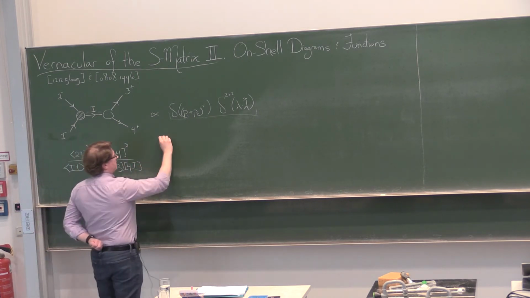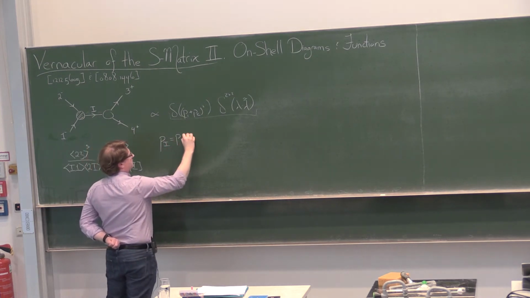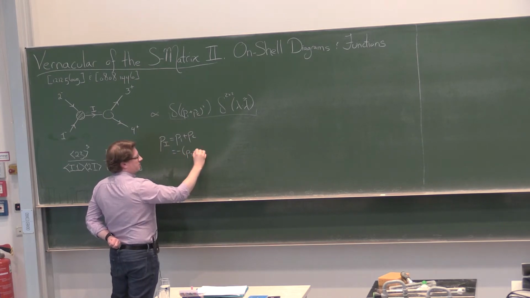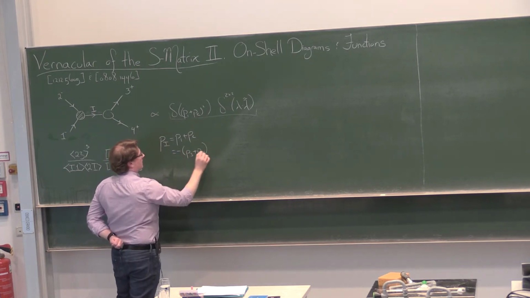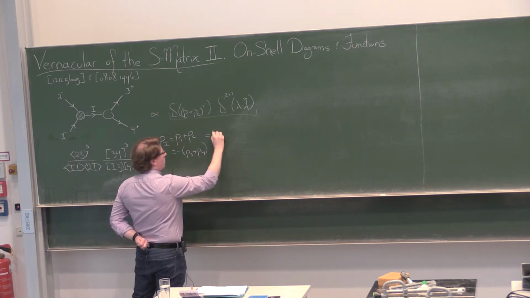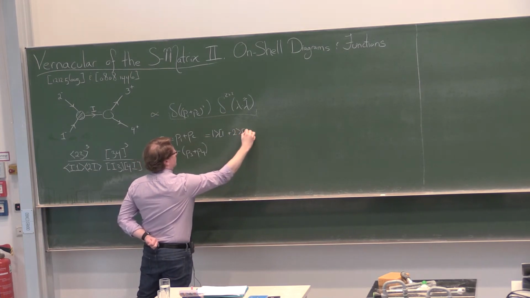Now, momentum conservation tells us that Pi is equal to P1 plus P2, which is equal to minus P3 plus P4. And in terms of spinors, we can write this as 1 angle bracket, square bracket 1 plus 2 angle bracket, square bracket 2.